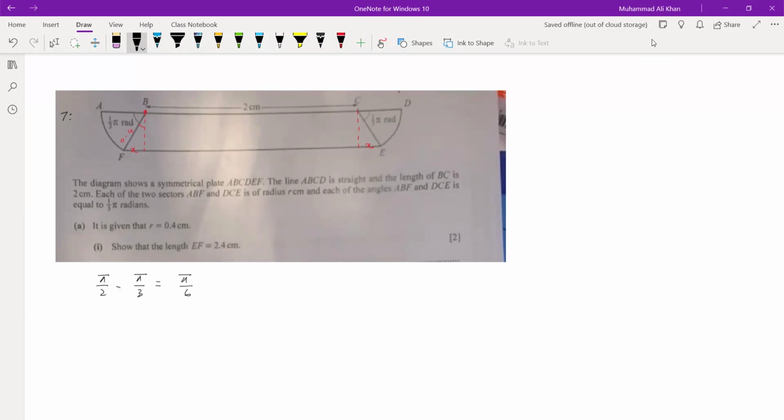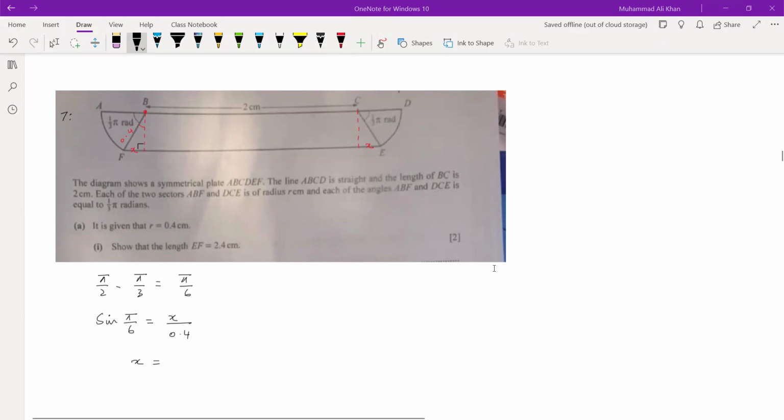So the angle is pi by 6. It is a right angle triangle. Now use sine pi by 6 equals opposite over hypotenuse, which is 0.4. So what is the value of X?